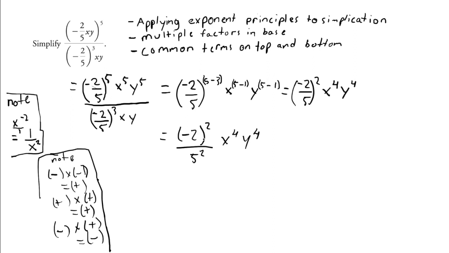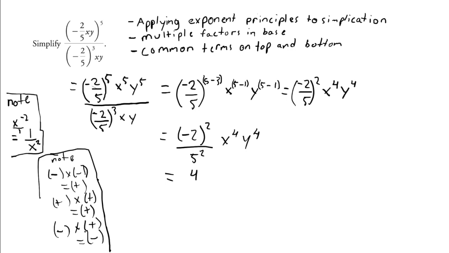You want to do that for each term, that includes the sign in front of it, right? So negative 2 squared. Focus on the number first, so it's going to be 4. And then you can see here that a negative times a negative is going to be a positive.